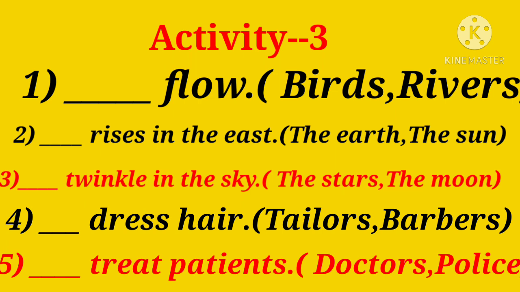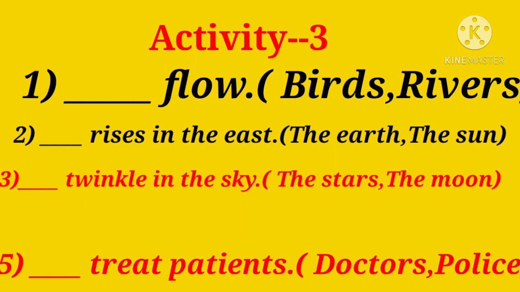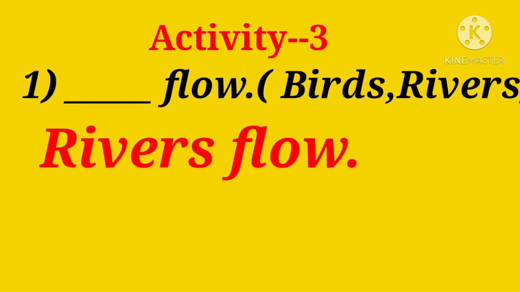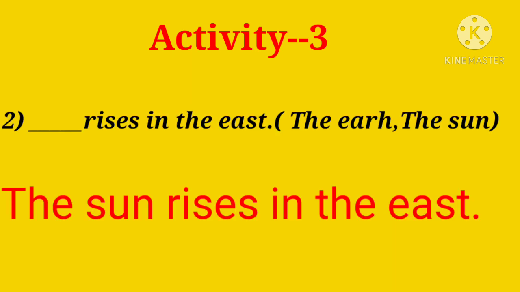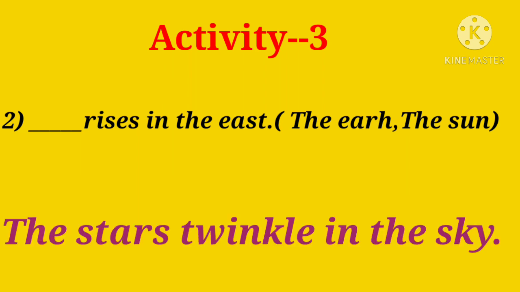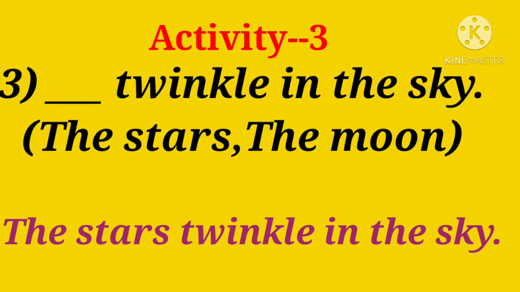Dash flow, rivers or birds? Answer is rivers. Rivers flow. Dash rises in the east. Very easy. Yes, the sun rises in the east. Dash twinkle in the sky. The stars twinkle in the sky.